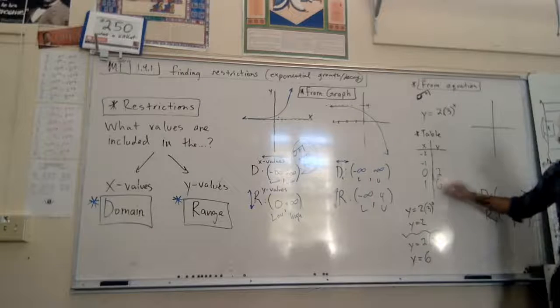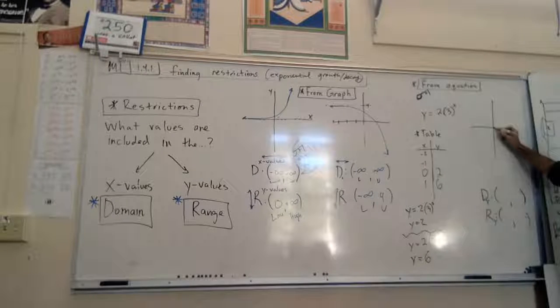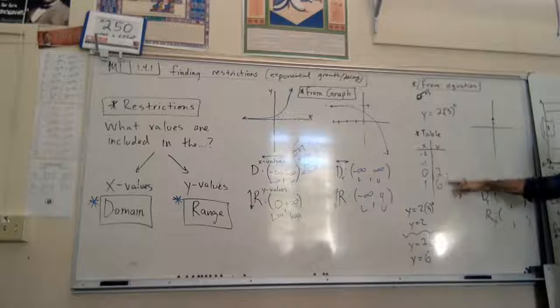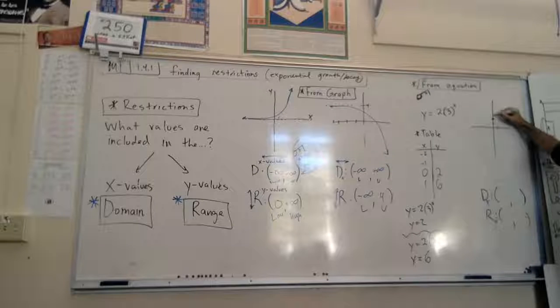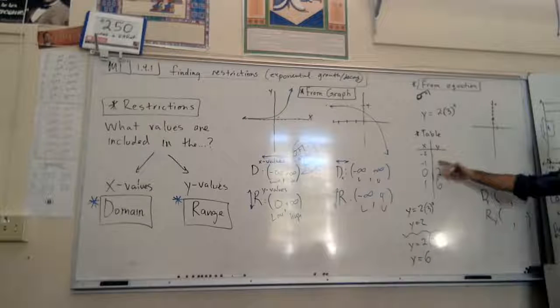So we'll get that 6 right there. Let's see what's happening. At 0 for x, I'm at 2 for y. That makes sense. At 1 for x, I'm at 2, 3, 4, 5, 6. 6 for y.